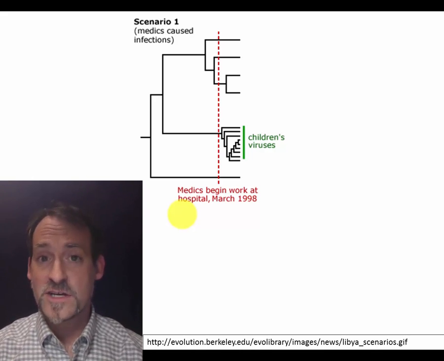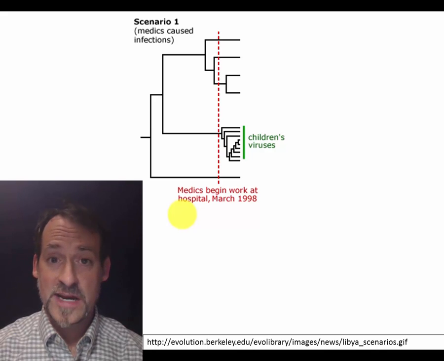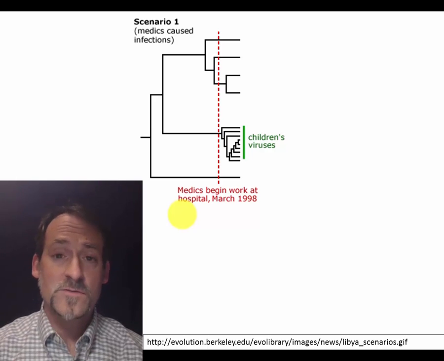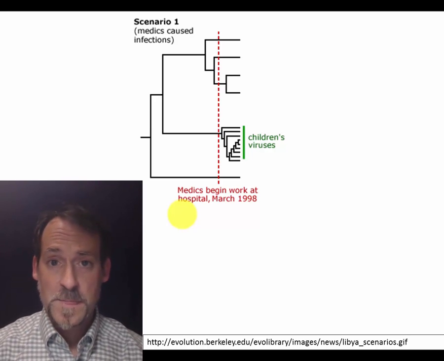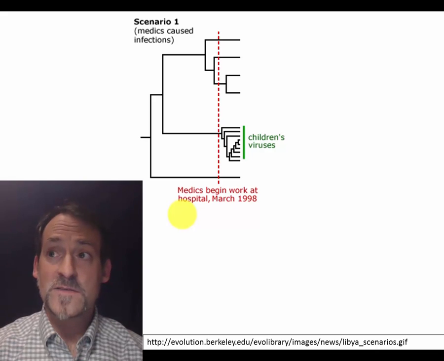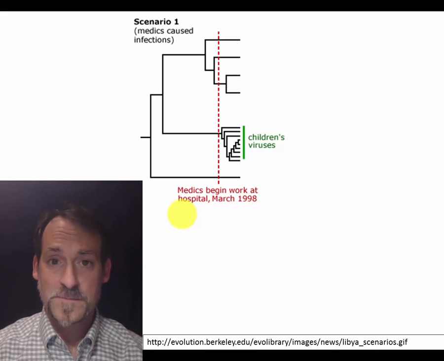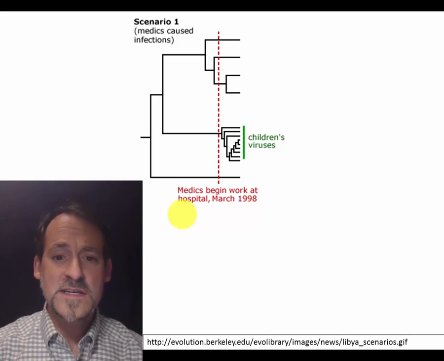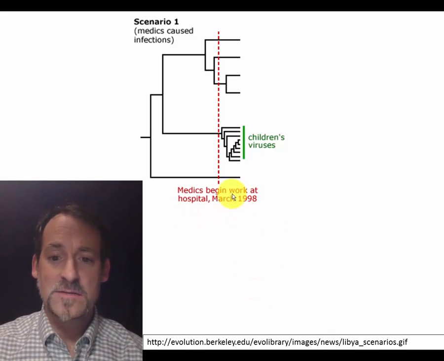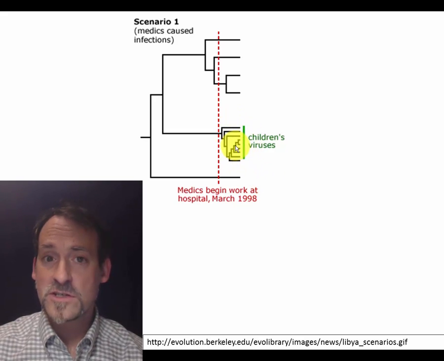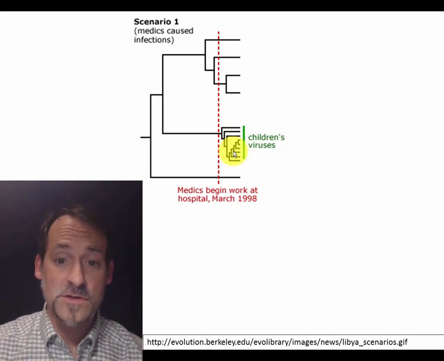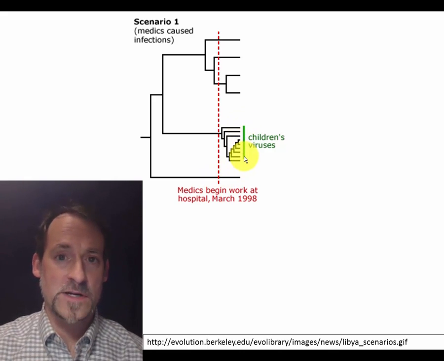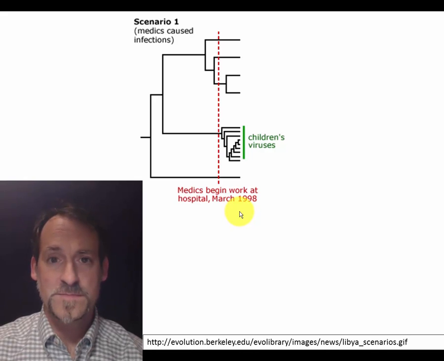Fortunately, biologists elsewhere who understood how to do phylogenetics got a hold of genetic samples of the virus from the children in the hospital. HIV is a virus that evolves very rapidly. And what the researchers realized was, if the infections in the children had begun after the medics arrived in 1998, then there would be relatively little variation in the children's viruses.